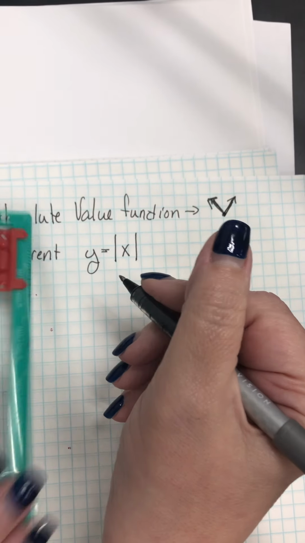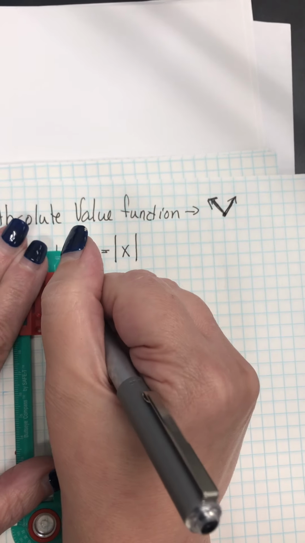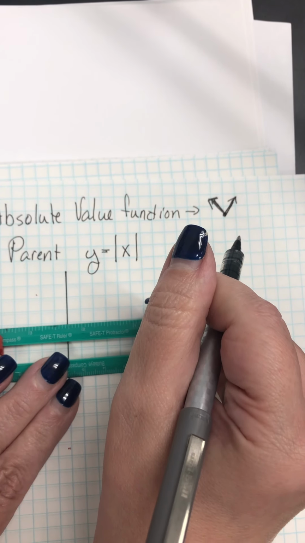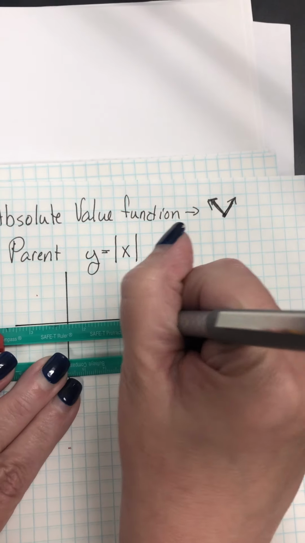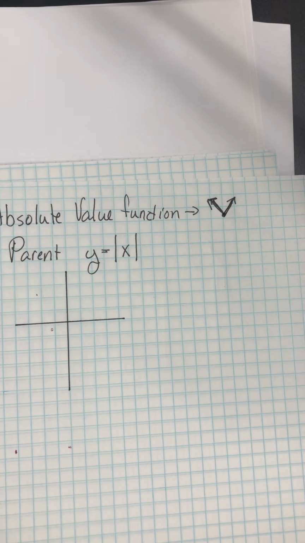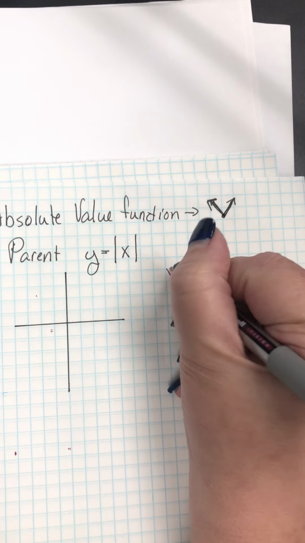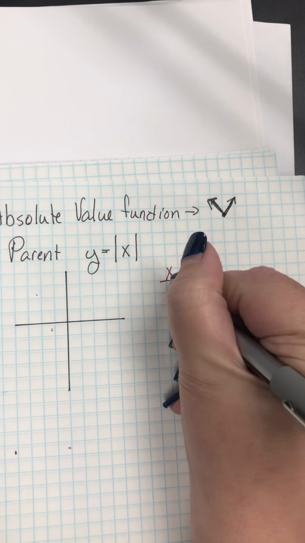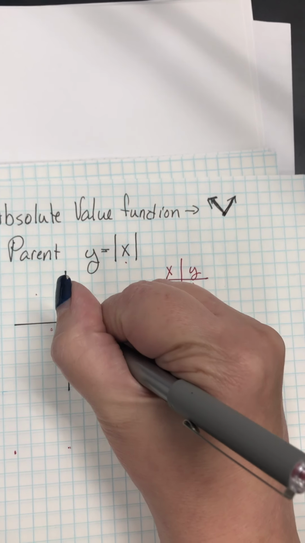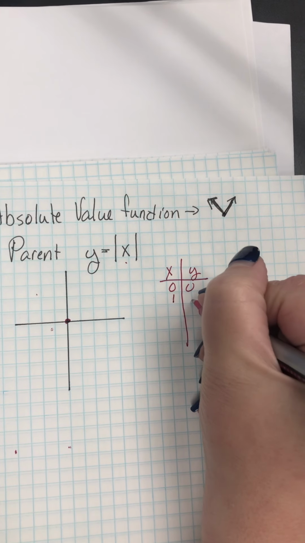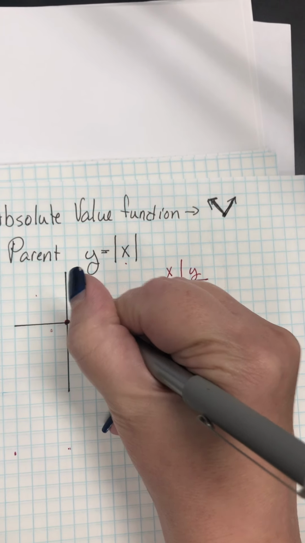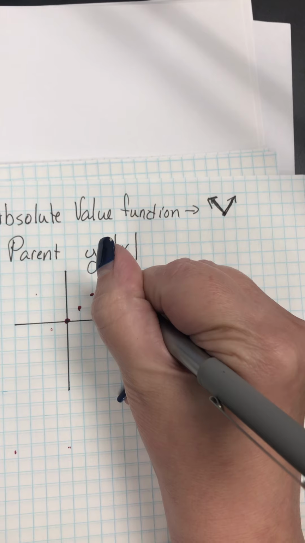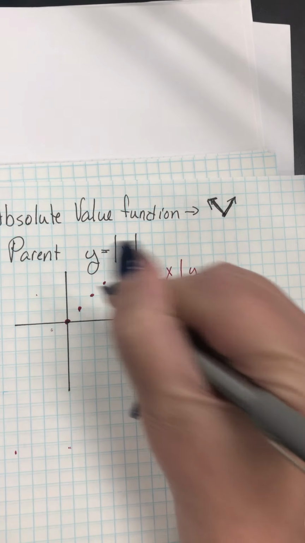So when we graph this, and we do our t-chart, if I put in a 0, the absolute value of 0 is 0. If I put in a 1, the absolute value of 1 is still 1. When I put in positive numbers, it doesn't change it at all. 3 is still 3.